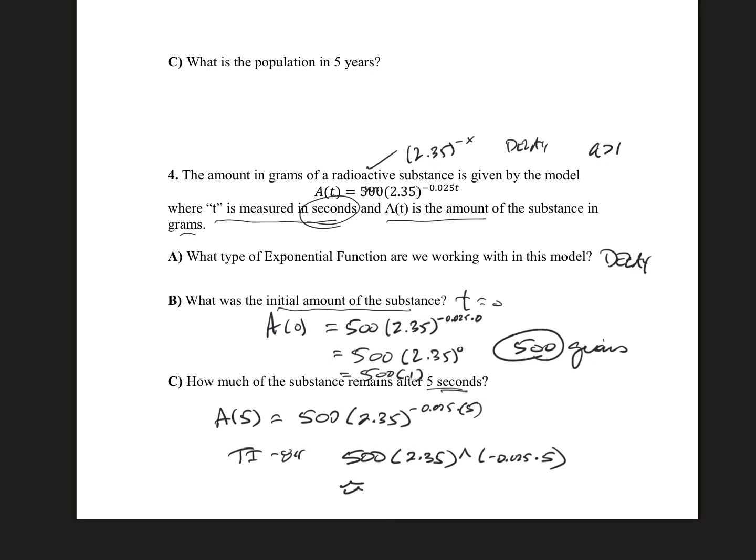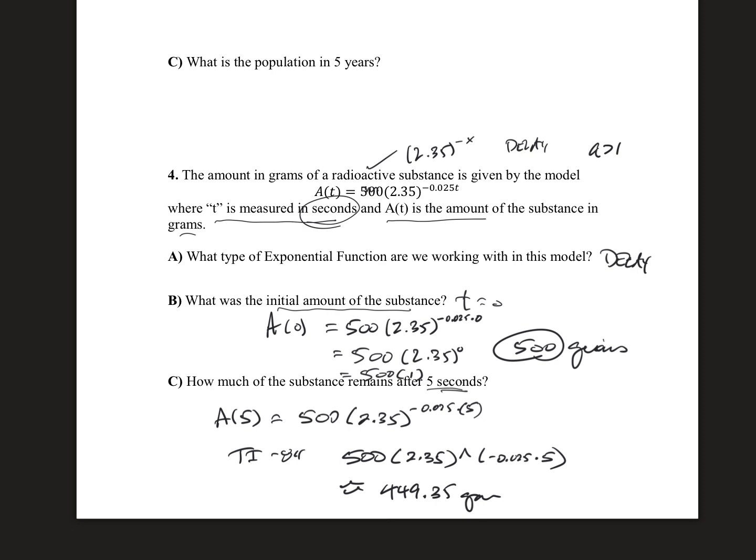So let me go ahead and do that number crunching on my calculator. 500, open up a set of parentheses, 2.35, close the parentheses, raise that, open up another set of parentheses, negative 0.025 times 5. And when I do that, my calculator's giving me 449.35. So that's how many grams we have after 5 seconds.